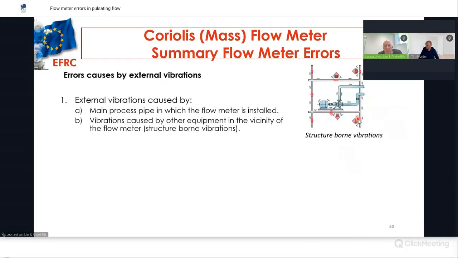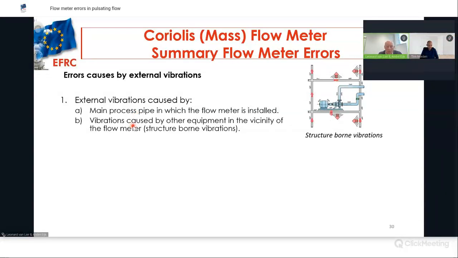Another important error can be an excitation by external vibrations. External vibrations can be caused by the main process pipe in which a flow meter is installed, and if that happens with a frequency very close or a coincidence with the excitation frequency of the U-tube, then you can imagine that it will have an effect on the flow meter.